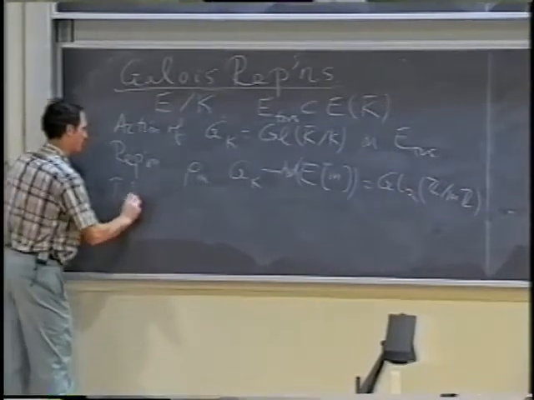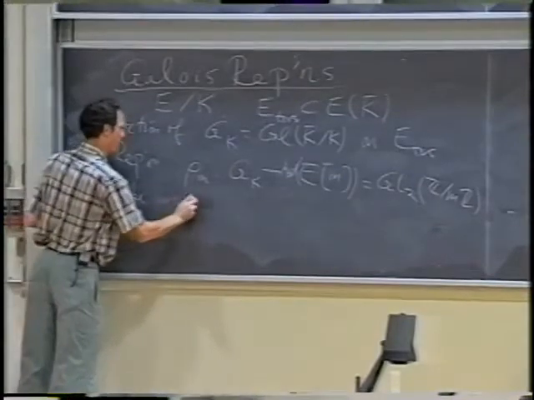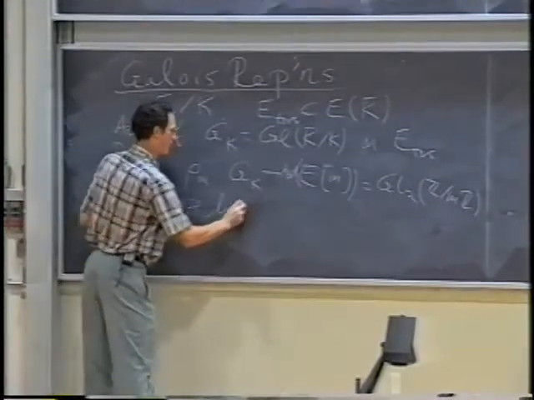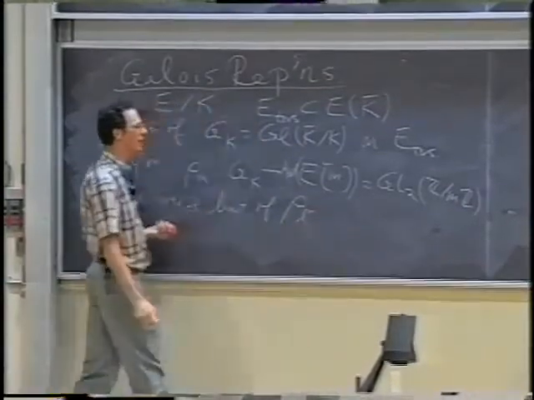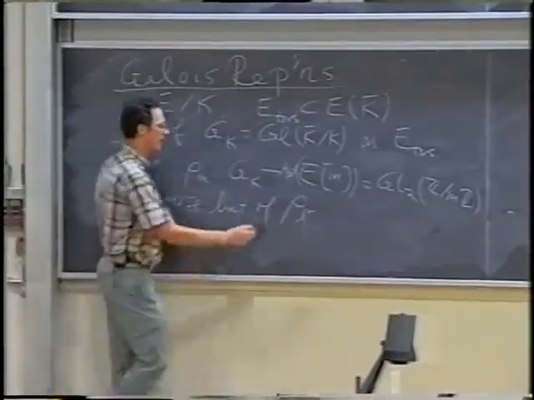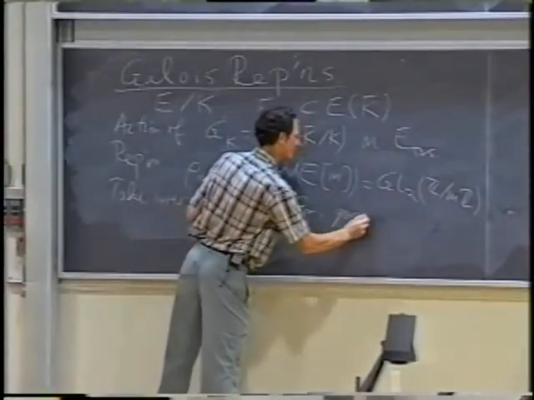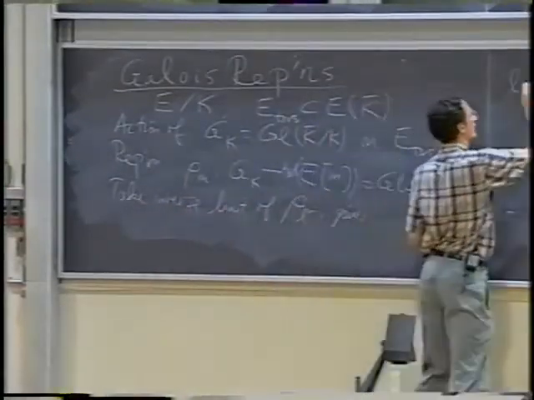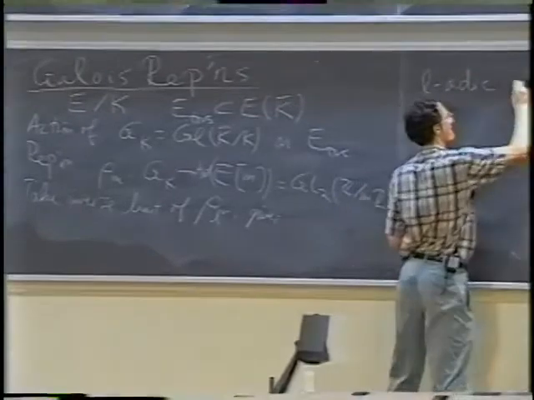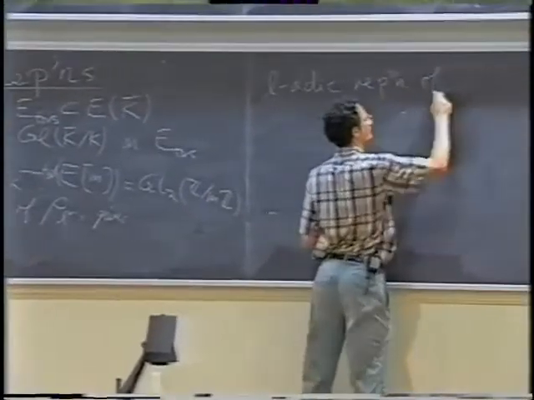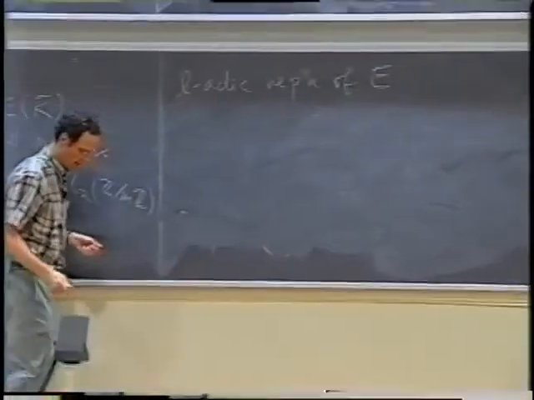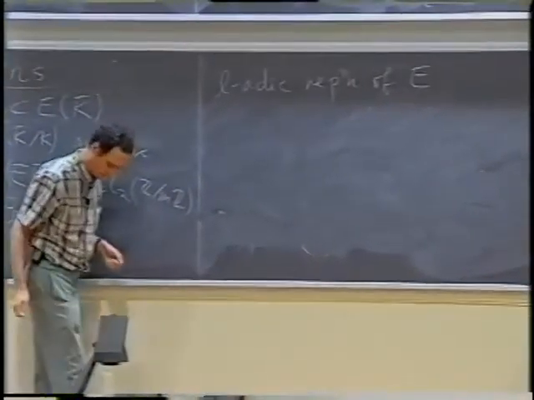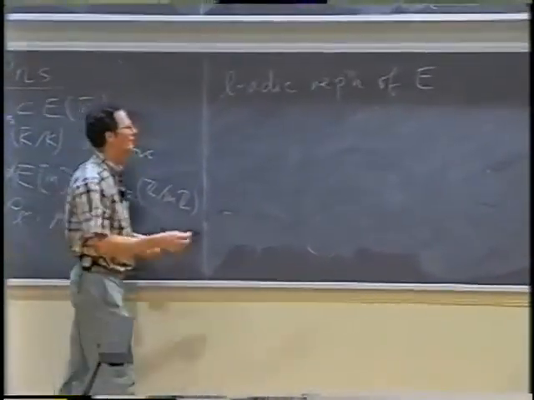Okay, so take the inverse limit of the representations, of the L to the nu power representations, and that gives what's usually called the L-adic representation of E, or associated to E, which different speakers will probably have different notations for.